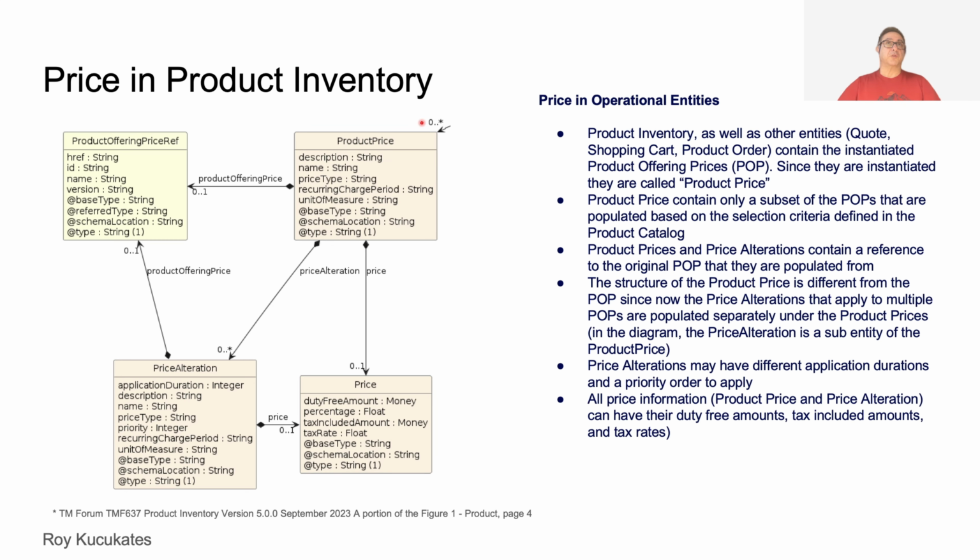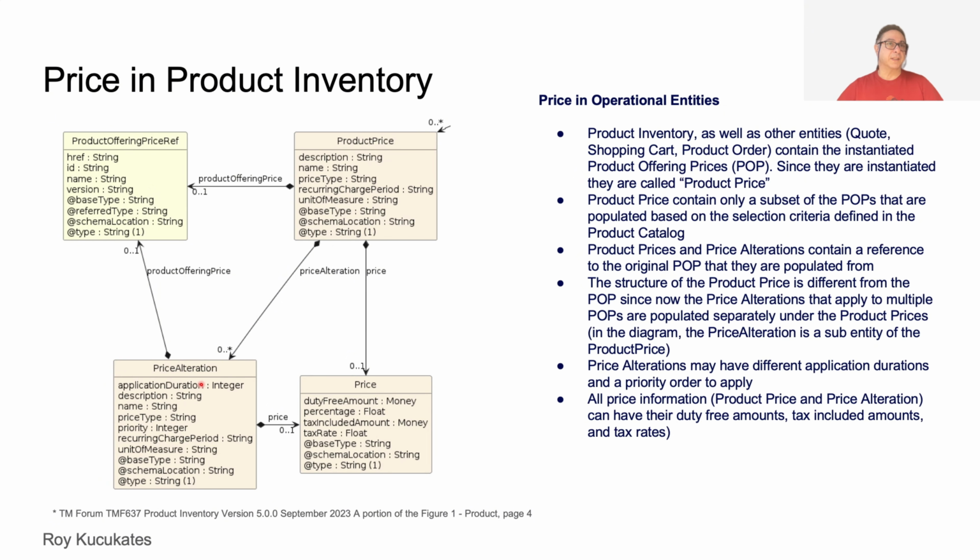If you look at the structure, this is the base price. Say I'm applying $20 per month with a 10% discount valid for 6 months, so you will have $20 here, and as a price alteration you will have an application duration of 6 months, because this recurring charge period is monthly.